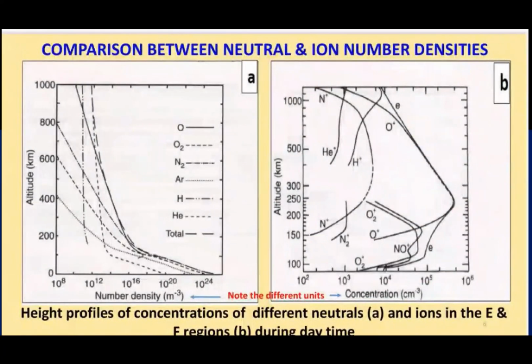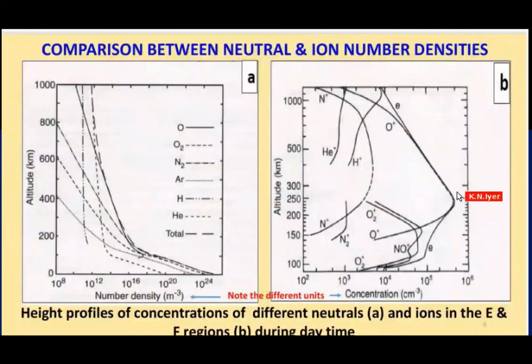And as we said yesterday, the ionosphere is a weakly ionized plasma. For any plasma, the total number of positive charges and the total number of negative charges should be equal for charge neutrality. Therefore, at any height, the sum of the concentrations of all the positive ions should be equal to the concentration of the electrons.